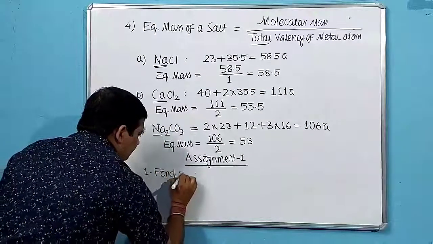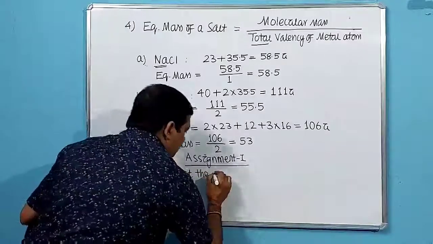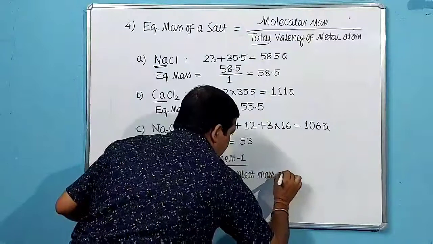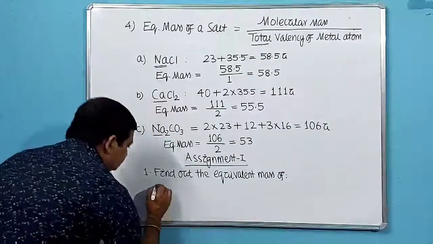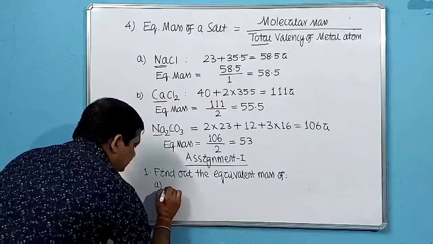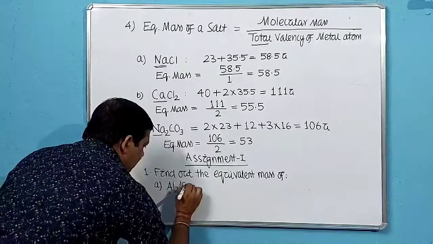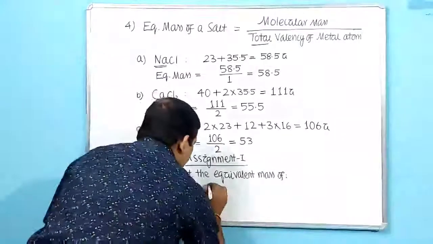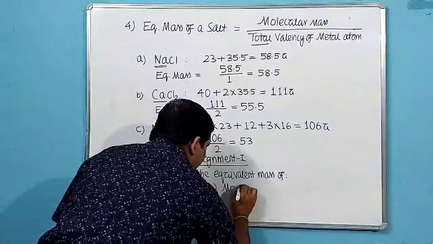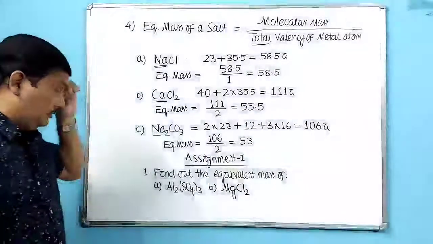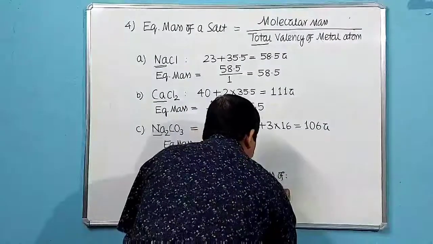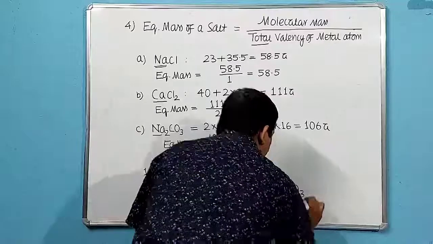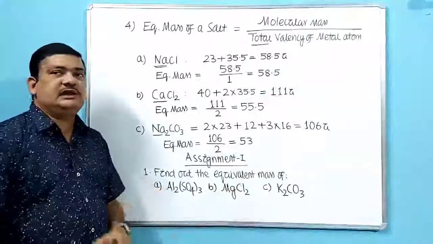Find out the equivalent mass of aluminum sulfate, formula Al2(SO4)3, magnesium chloride MgCl2, then potassium carbonate K2CO3. You have to find out the equivalent mass of these 3 salts.